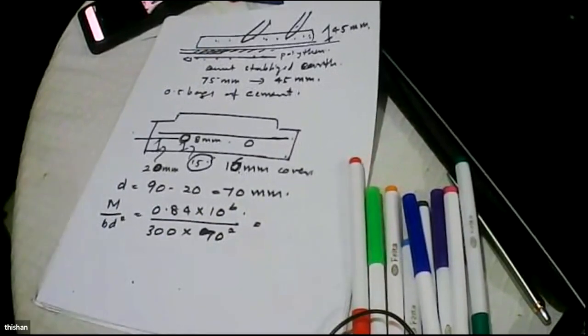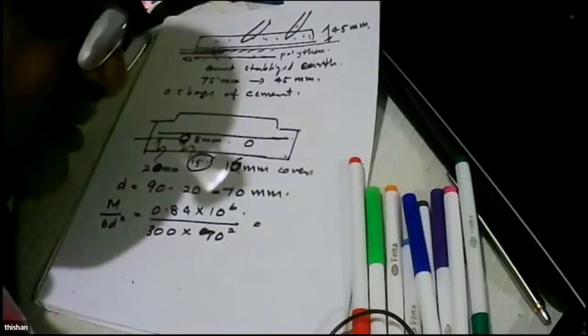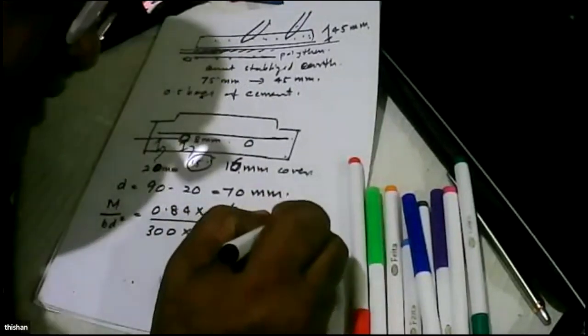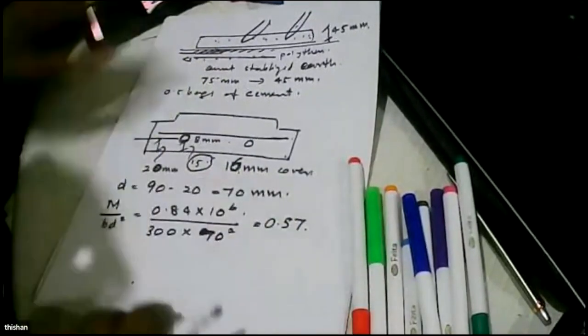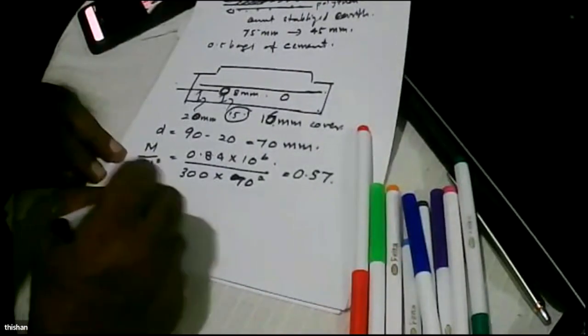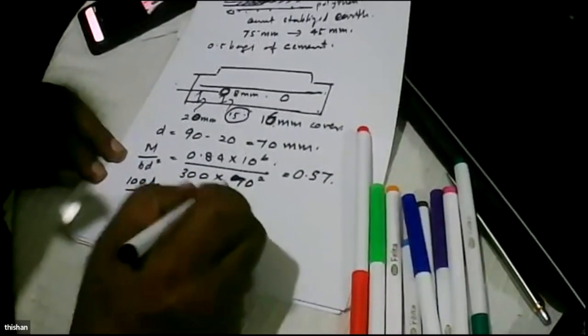What is the answer? 0.57. Yes. Then you find 100 As over b d as 0.57 divided by 4. What is the value?